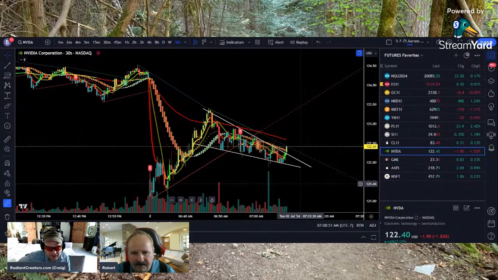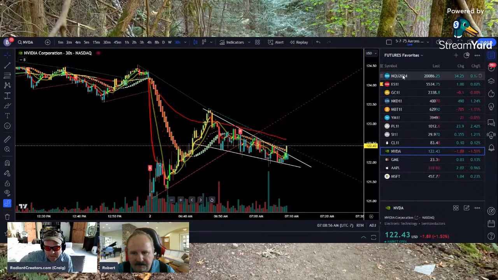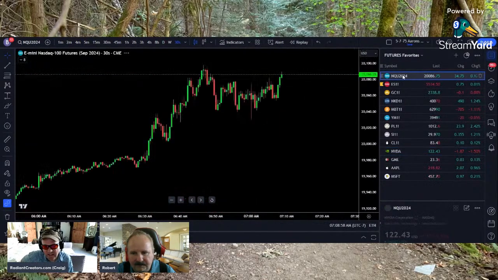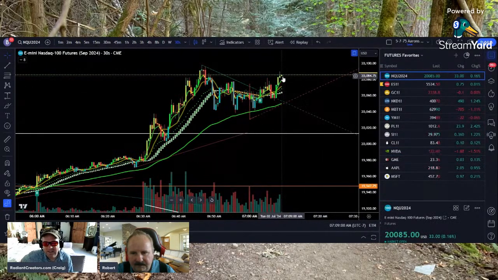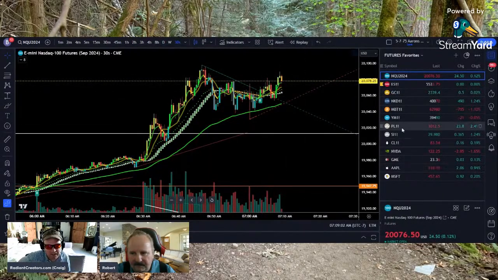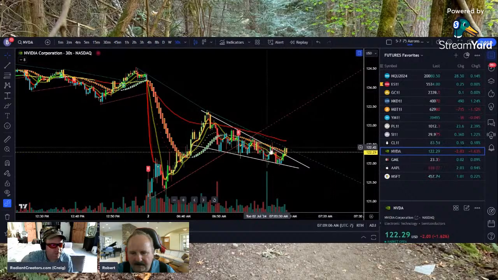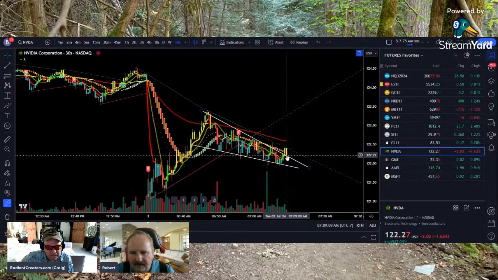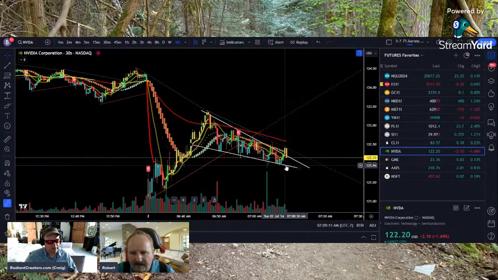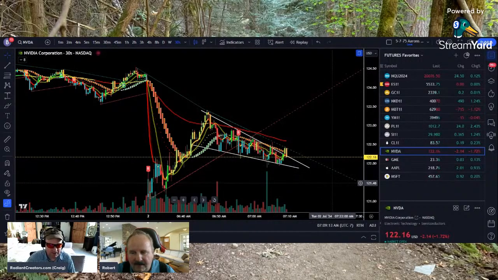I know Nvidia eventually has to roll over in the big picture, but I don't think the forces that be are going to let Nvidia roll over yet, because it's holding up the S&P, and it's an important mover.